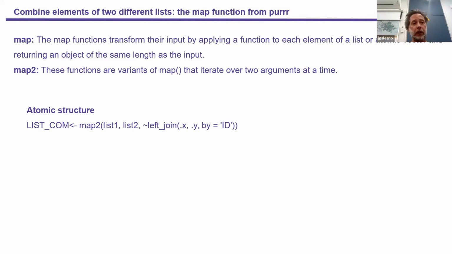And lists will also allow us to combine iteratively elements of two different lists. So basically, using the family of map functions coming from the library purrr, you will be able to connect elements of different lists. Basically, this will proceed by matching them by their index.